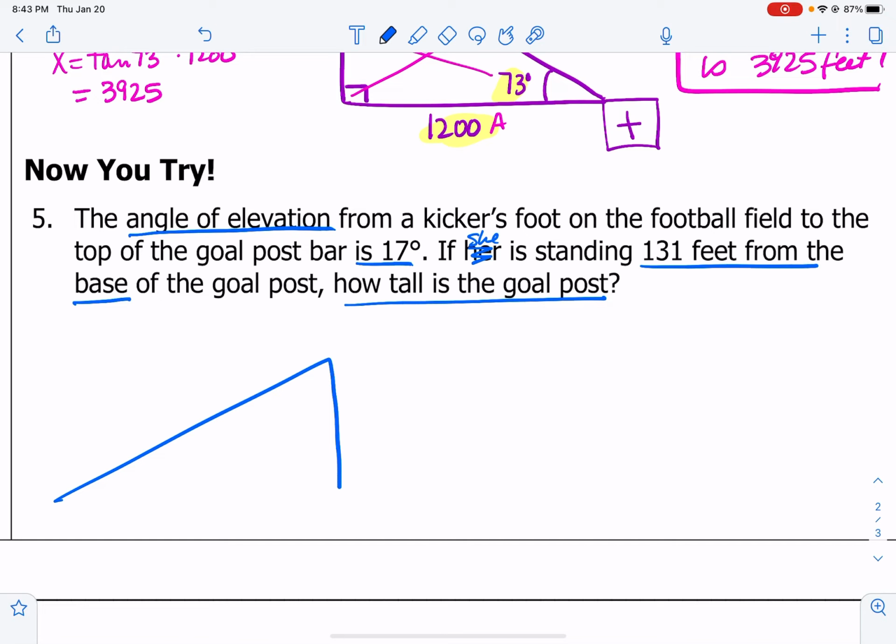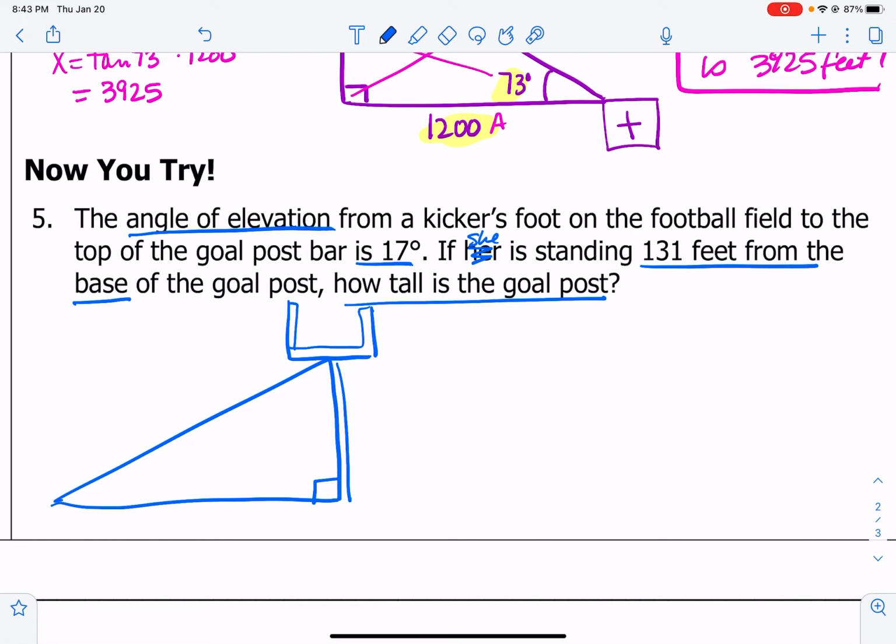So here's my triangle. I can draw it either way, doesn't matter. But this would be my goalpost, right? Where we kick the ball through.